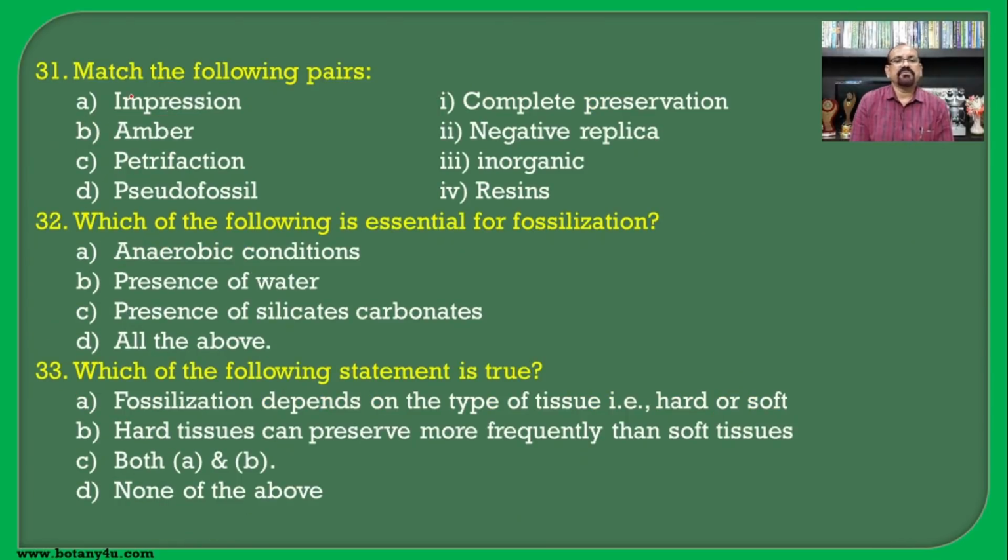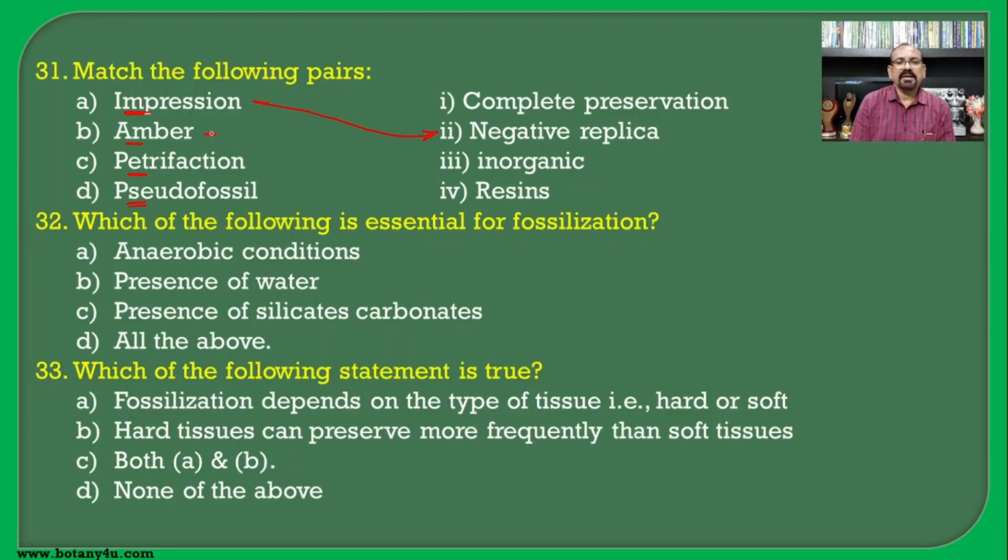Then match the following pairs. So we have the impression, amber, petrifaction and pseudofossil. The impression, as earlier we have seen, is the negative replica.